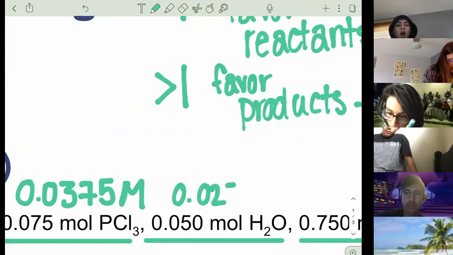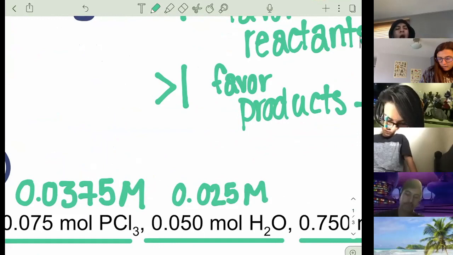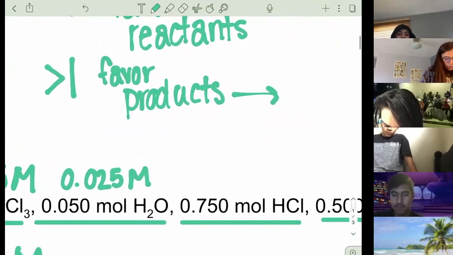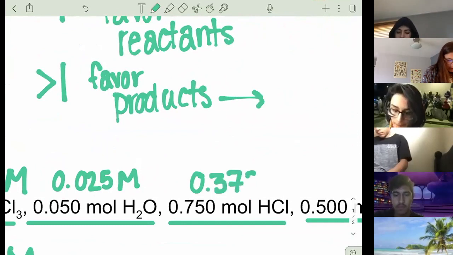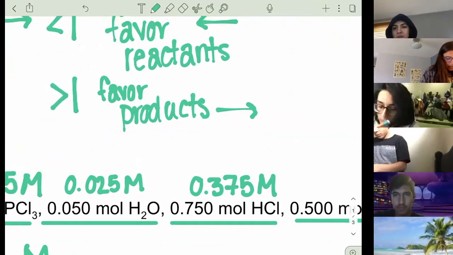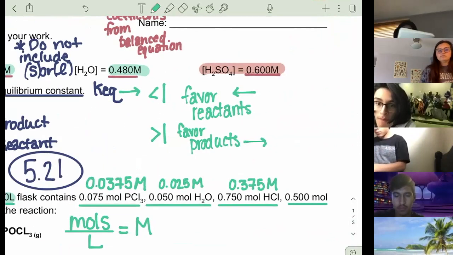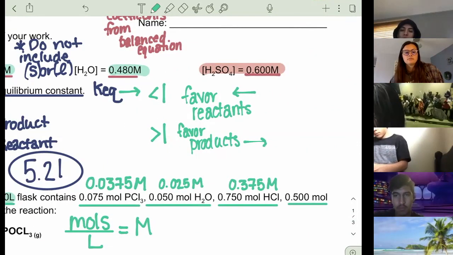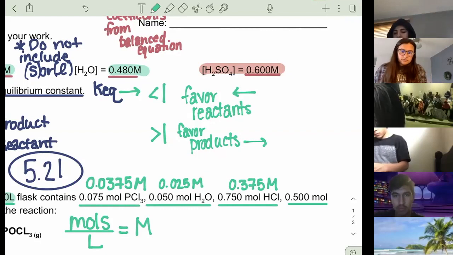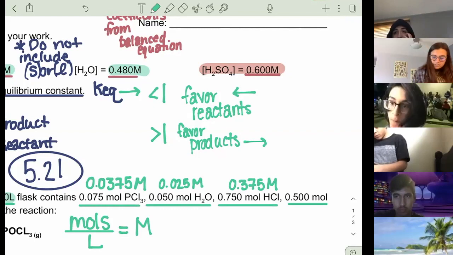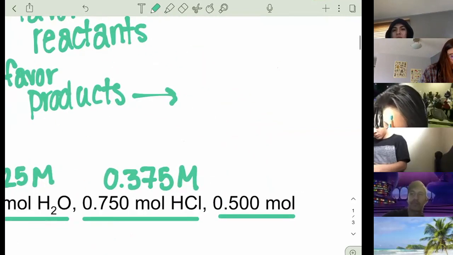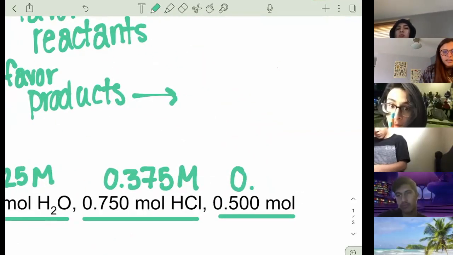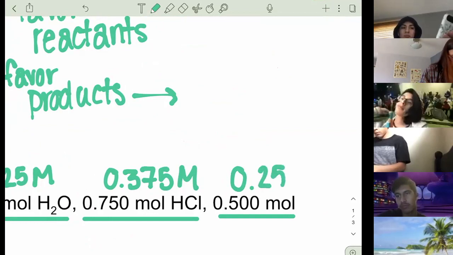Awesome job, guys. These are looking wonderful. Just need our last value. Fatima comes in clutch again with our value for POCl3, and so does Astanet. Look at you guys just crushing this.